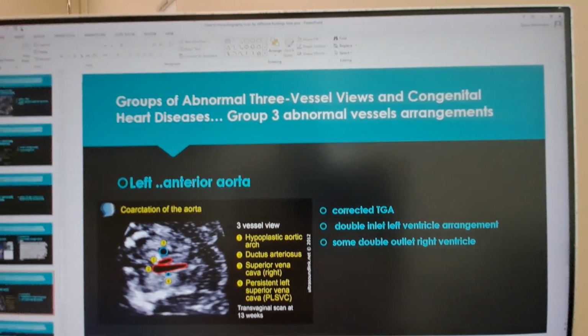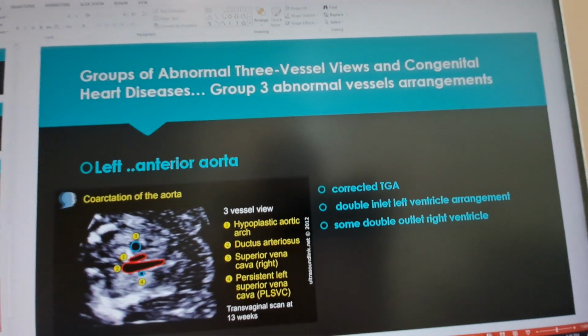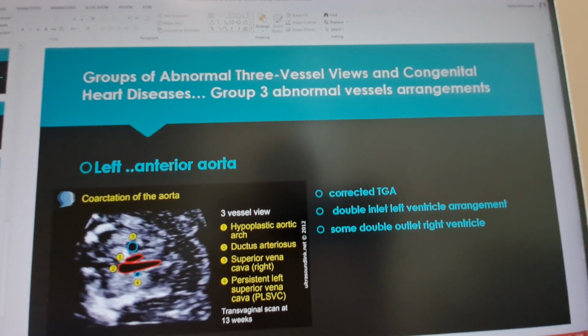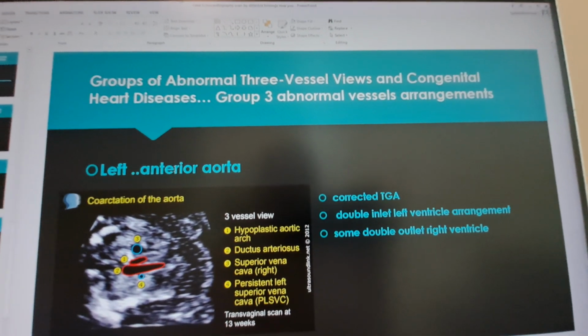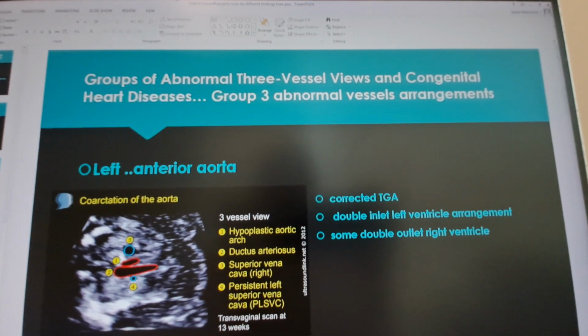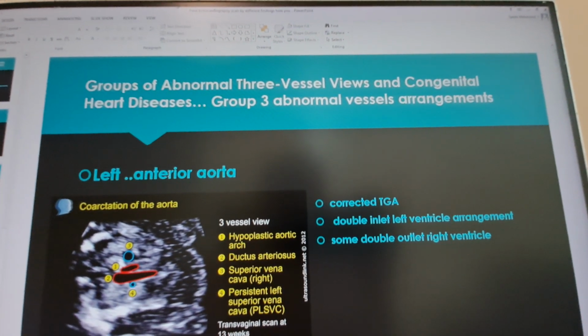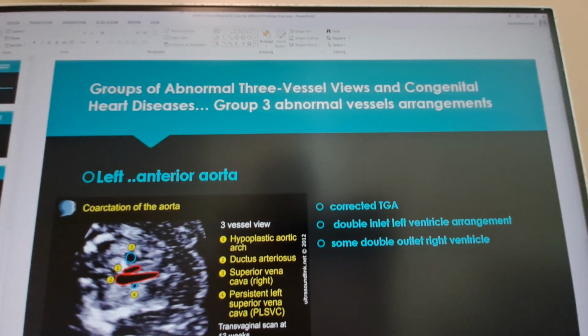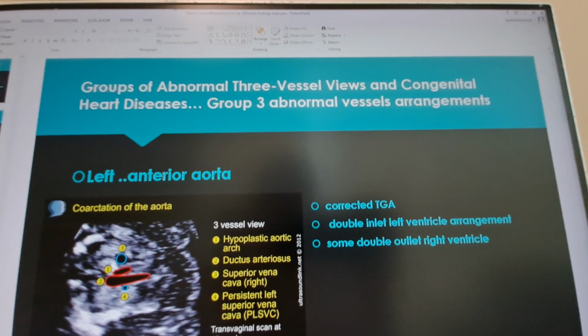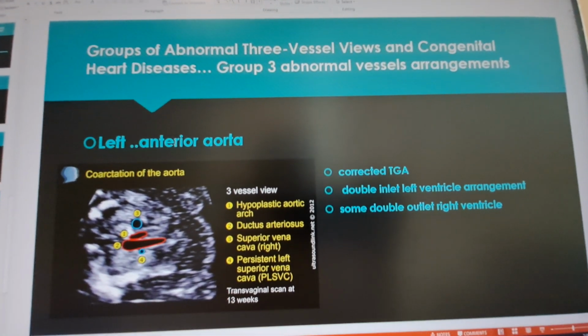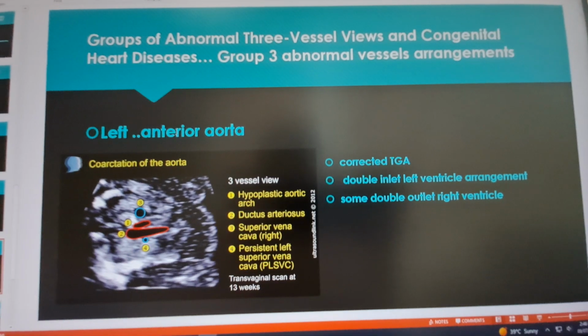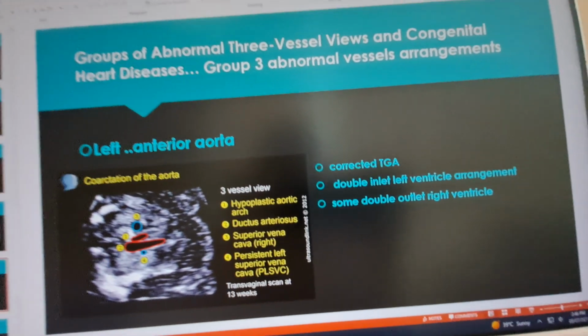The same, the left side is the left double inlet of the ventricle or double outlet of the right ventricle. So the right ventricle has the double outlet if the right aorta is moving anterior, or inlet of the left ventricle arrangement, or TGA. The transposition of the great vessels is also not good.